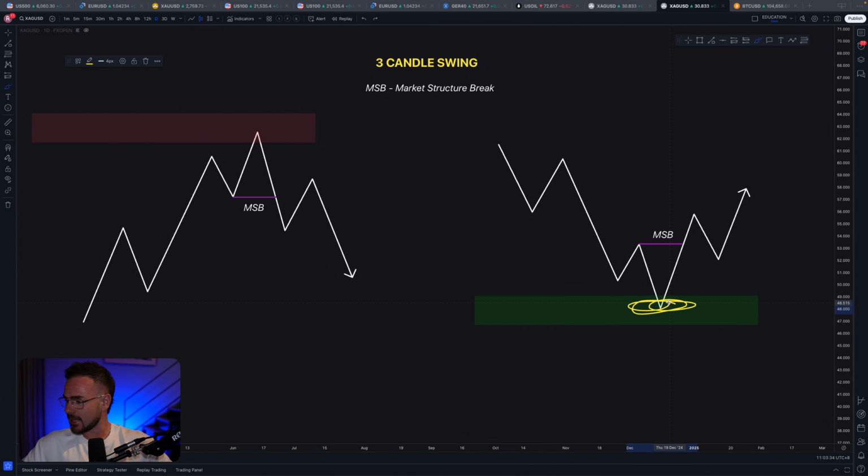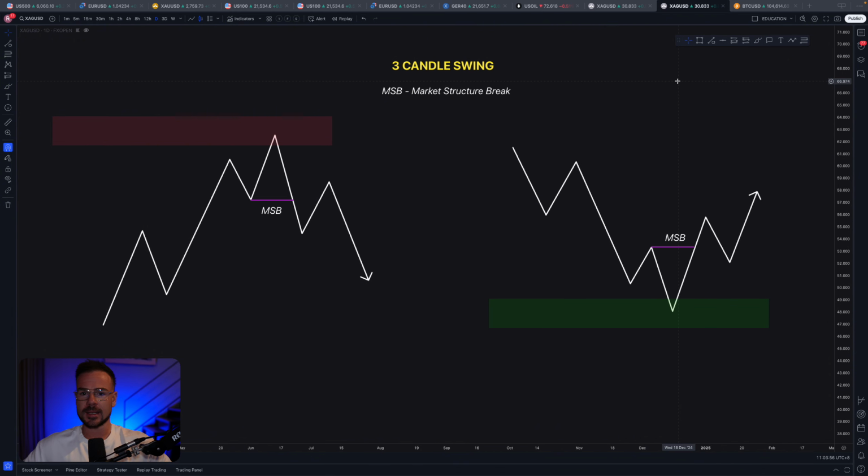Then we see buying step in at this level and it pushes price to close above this level. Very important to close above it, not just wick it. We close above this 3 candle swing, market structure break. That is that sign of reversal in the market. So we can potentially look for a retest of this level. And that is our continuation here, either using this as a bias or potentially as an entry trigger.